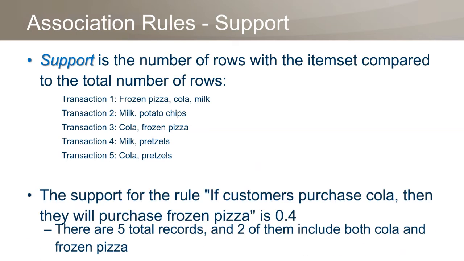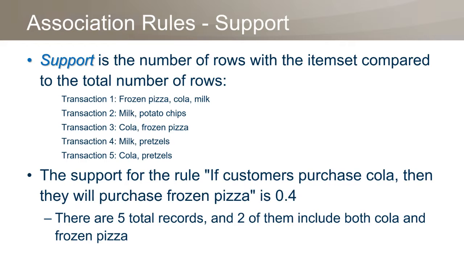Here I have 5 transactions, and we have cola and frozen pizza in 2 out of 5 transactions. We can express support as an absolute number, or even better, as a probability. So we have probability 0.4 for this item set in the whole set of transactions.